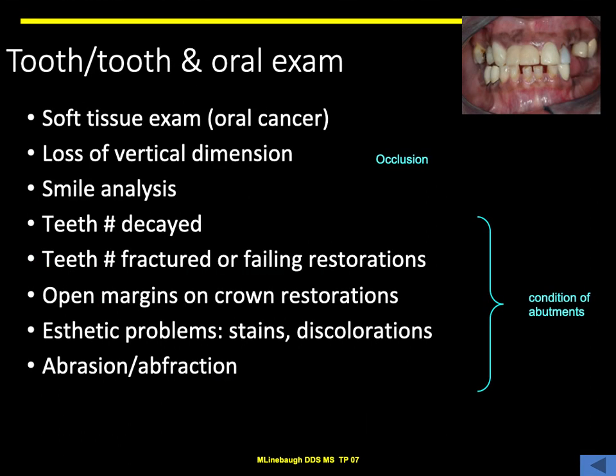The second part also includes the tooth and oral examination. You have to go through all of those. I know you already have some practice in the clinic, so I will not focus too much on it here. I'll just list those for you as a reference. As you can see, from different aspects, you will know what the occlusion looks like and what the abutment condition looks like, so you will use it for your diagnosis.